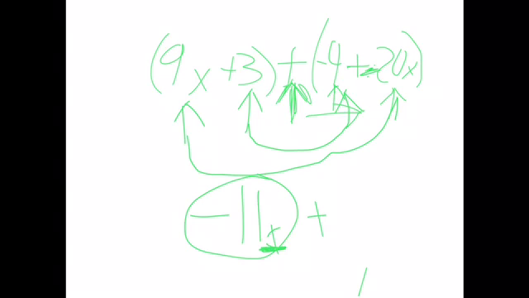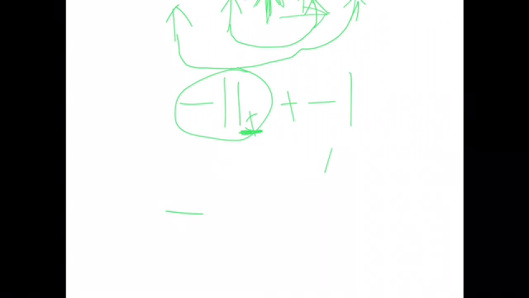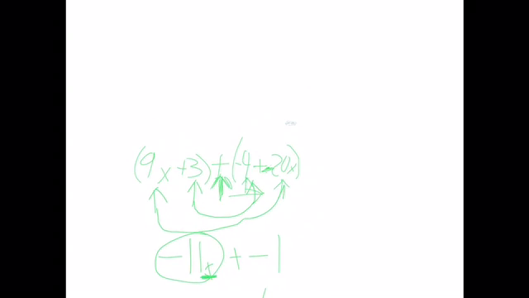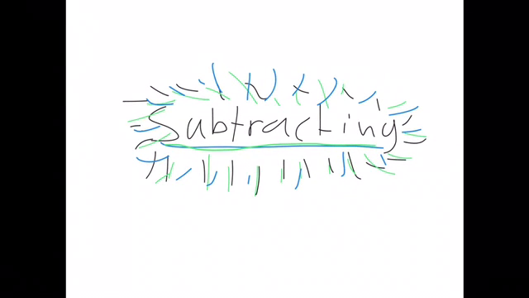That would be negative 1, so plus negative 1. So our final answer would be negative 11x plus negative 1. That would be our subtraction. But since I was told to make 2 examples, I'll make 2 examples for you.